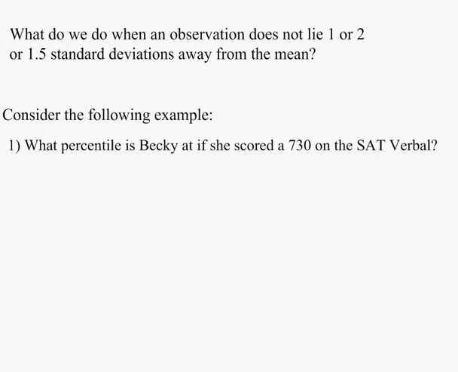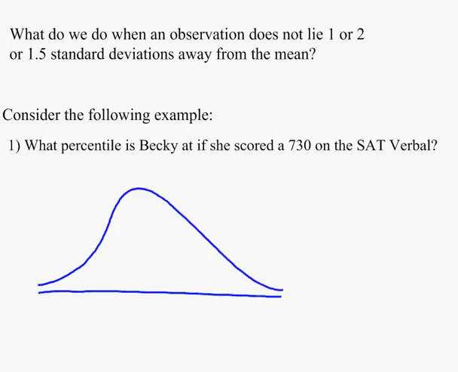So what percentile is Becky at if she scored a 730 on the SAT verbal? Well, if we draw our normal distribution, we know that 500 is in the middle. Mu equals 500. And we know that every standard deviation above is 100 more. So mu plus 1 standard deviation is 600.